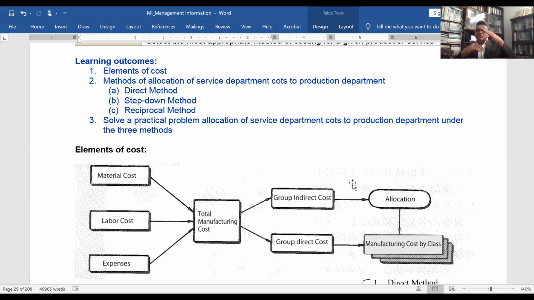One service department is closed, then another service department's cost is allocated, and then again allocating, the reciprocal method. So we have solved problems on overhead allocation, that means service department cost allocation to the production departments under three methods: direct method, step down method, and reciprocal method.